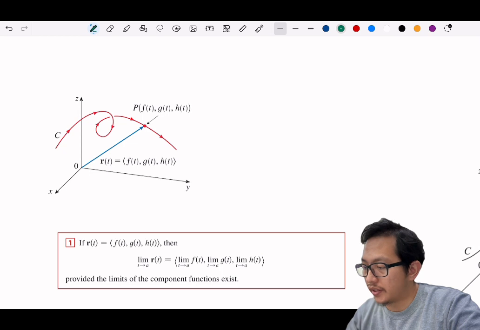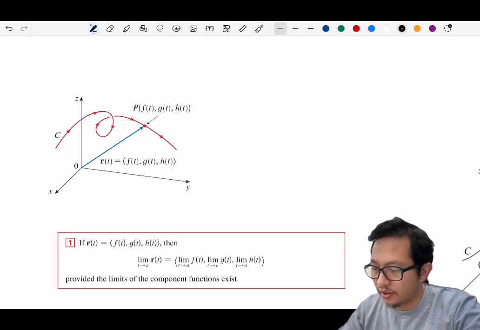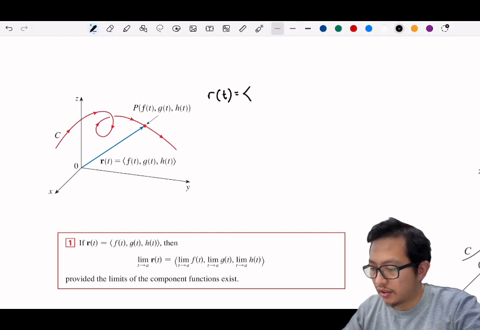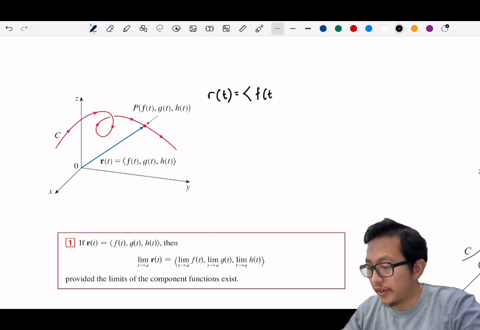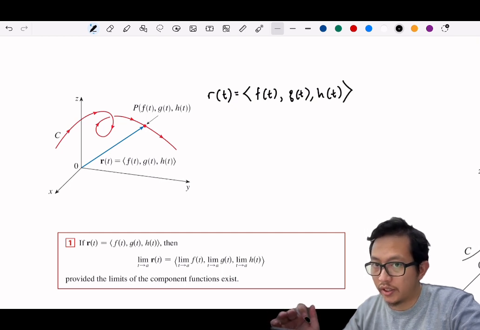We can define that as r(t), which is basically a vector with three components f, g, and h, which denote the variables x, y, and z.